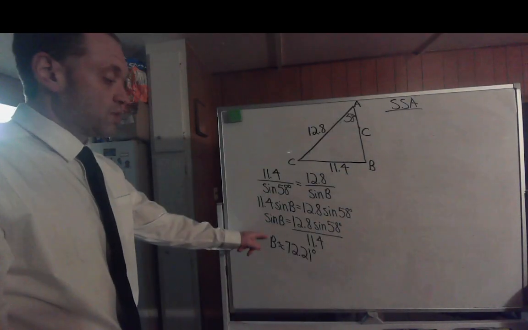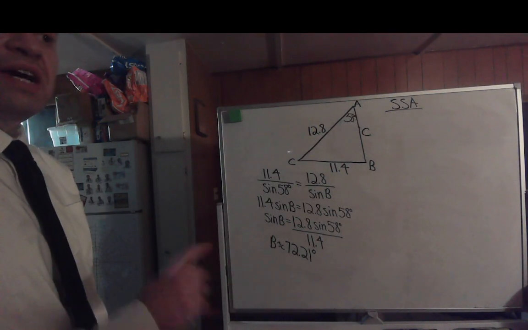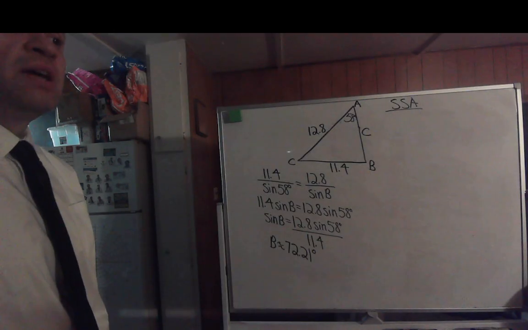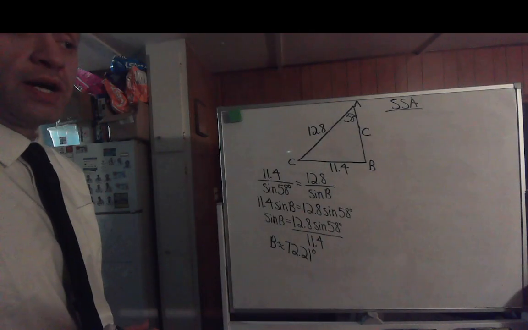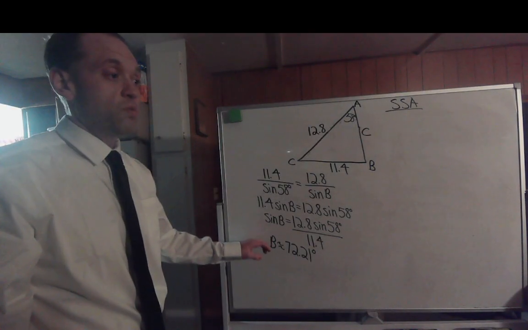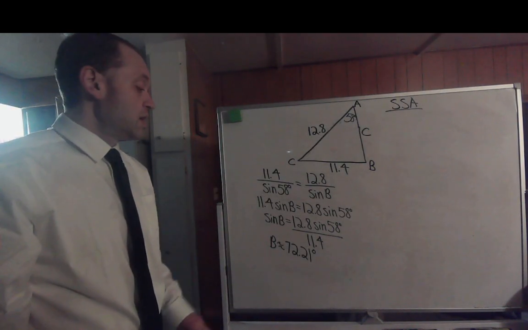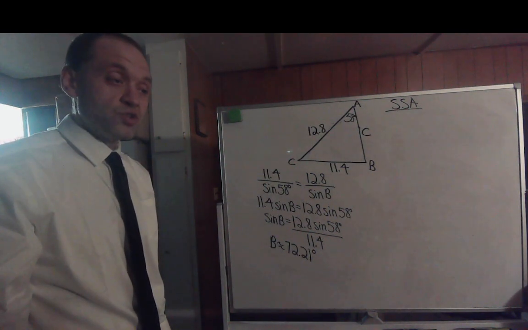Now, we know this works, but what about a second angle? When you take the inverse sine, what is true? You get a first quadrant angle, right? Because that's in the range of the inverse sine function. Well, isn't it also true that the sine is positive in the second quadrant?